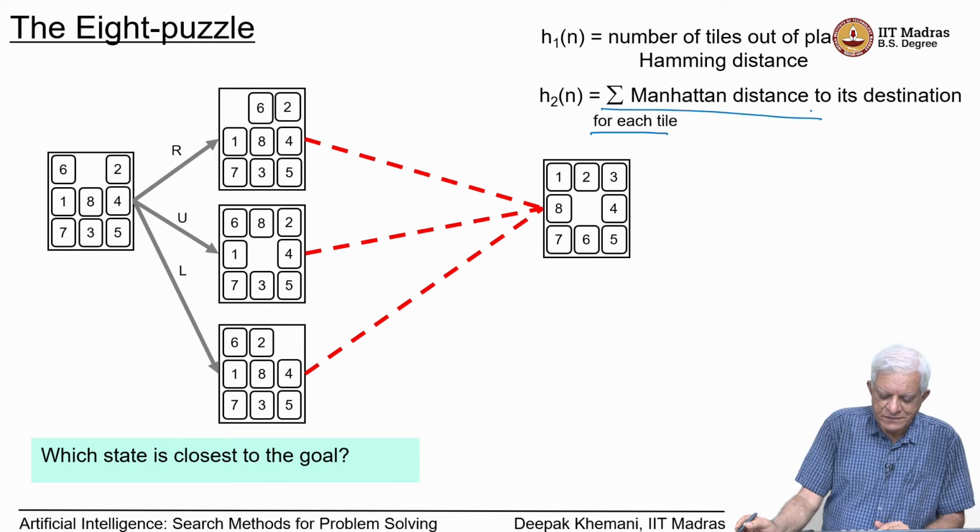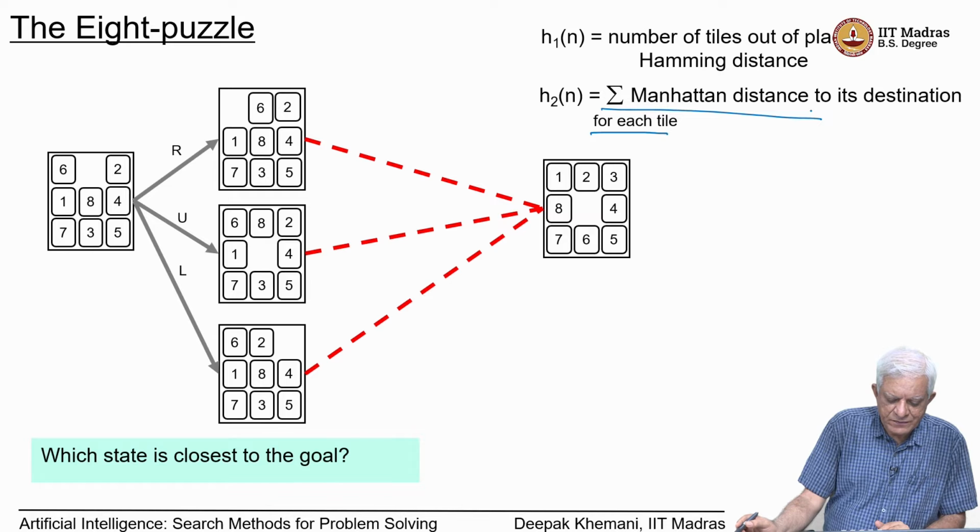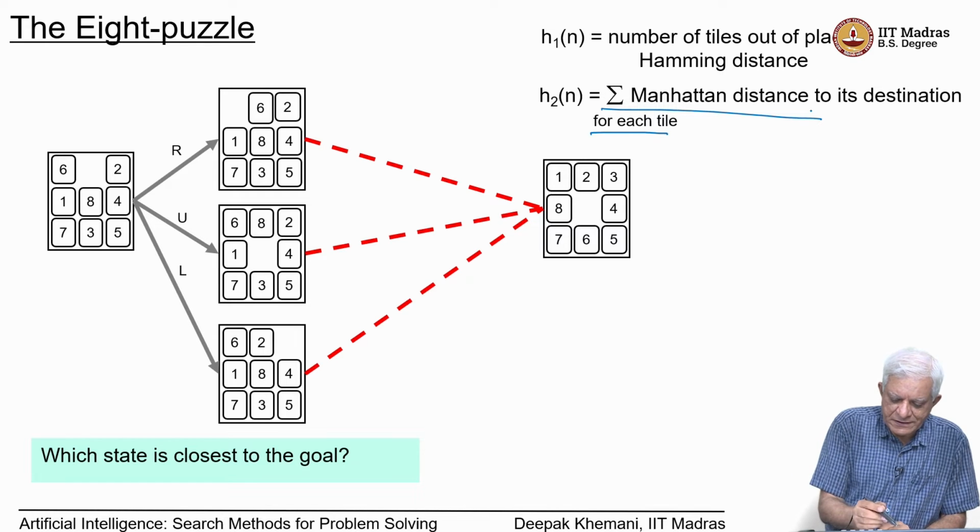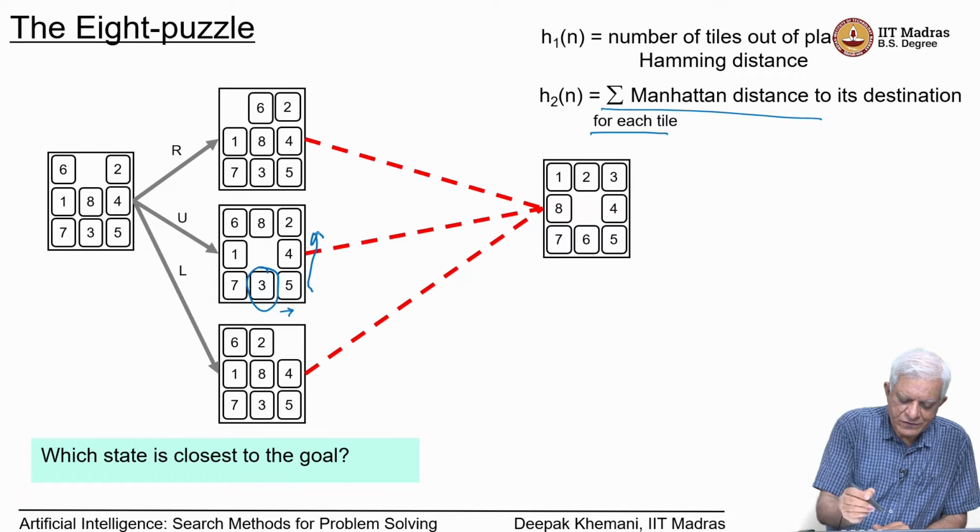For example, if you are looking at tile 3 in this middle state, then you can see that it needs to move one step to the right and two steps up.